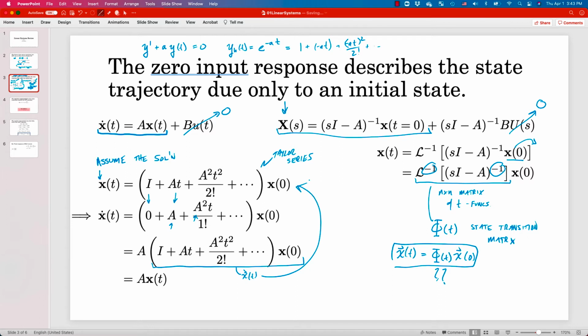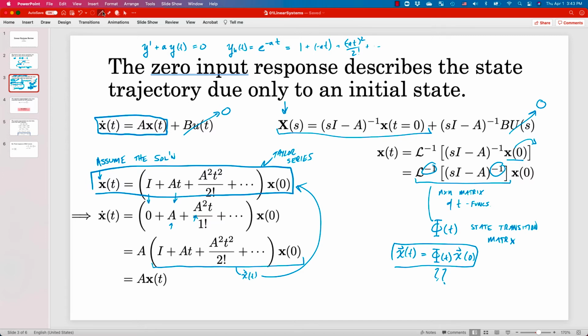All right, so that is the proof that our assumption was accurate, and that the solution to this homogeneous system of differential equations is solved by this function. But if you'll notice, that means that we have two equivalent solutions, one that we got from the time domain, the other that we got from the Laplace domain, and they have to be the same.